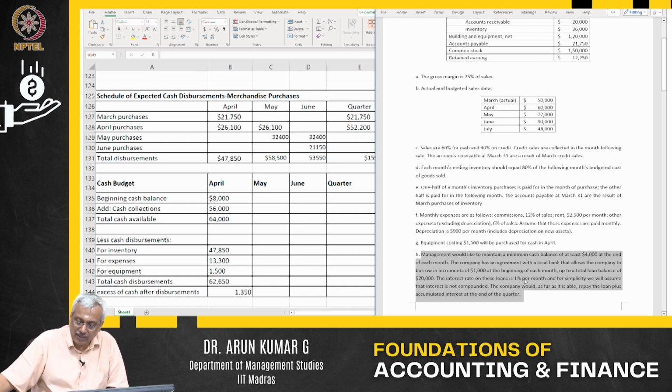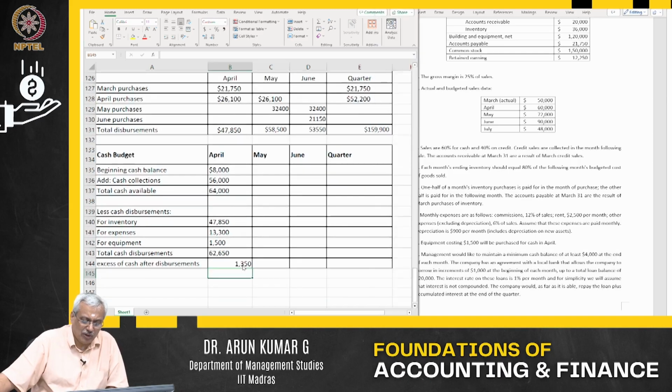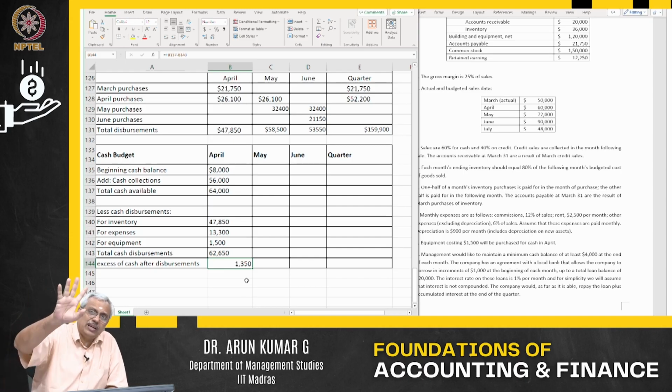Interest rate per month on the loans is 1%, and for simplicity we assume interest is not compounded, and the company would, as far as it is able, repay the loan plus accumulated interest at the end of the quarter. So, you need a 4,000 cash balance, but you have how much? Only 1,350. You can borrow only in multiples of 1,000.